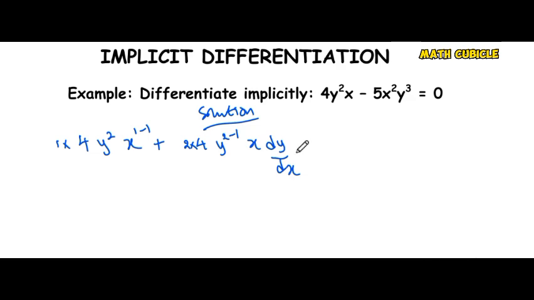So let's proceed. So minus, for this other term, this is 5x squared y cube. Let's first differentiate x, then we keep y constant, so this becomes 2 times 5 raised to power 2 minus 1. Then we keep y constant, plus, we do that again, 5x squared y cube.